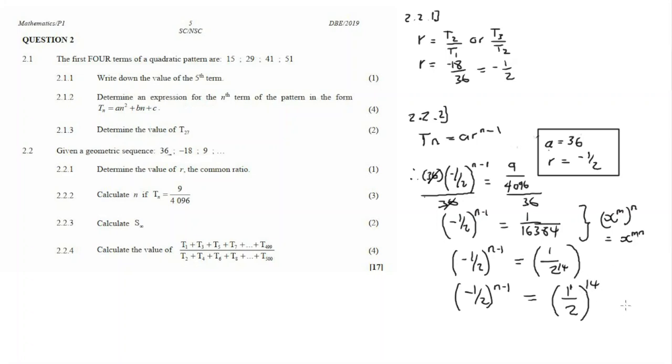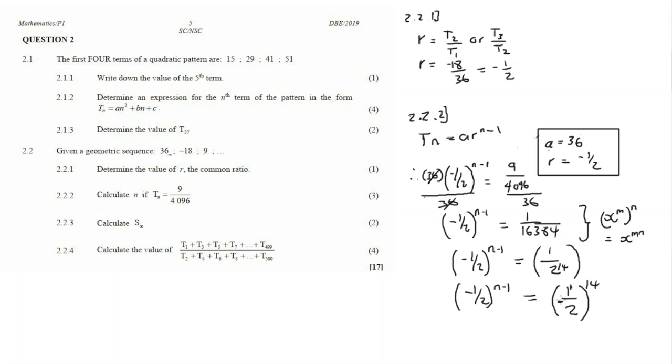So I just took the exponent to the outside of the bracket. Since it is 14, I cannot drop these exponents, since here I have negative half and there I have positive half, but I have the right to place negative half here. Why? Because 14 is an even exponent. A negative number raised to an even exponent gives a positive value.